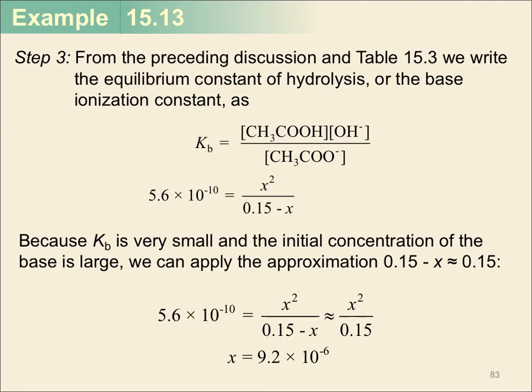Now, we're going to solve this using the approximation, and I'm going to tell you, whenever you have a very small Ka or Kb and a fairly large concentration, your approximation is almost always going to hold. Okay? It's when you have a large Ka or large Kb and even a large enough concentration that the approximation doesn't hold. So when we do the approximation, we get 9.2 times 10 to the minus 6th molar.